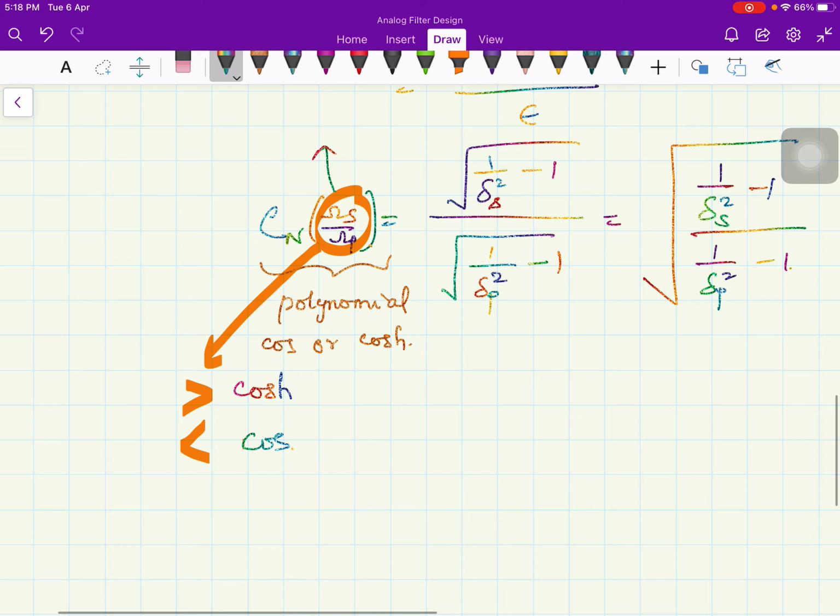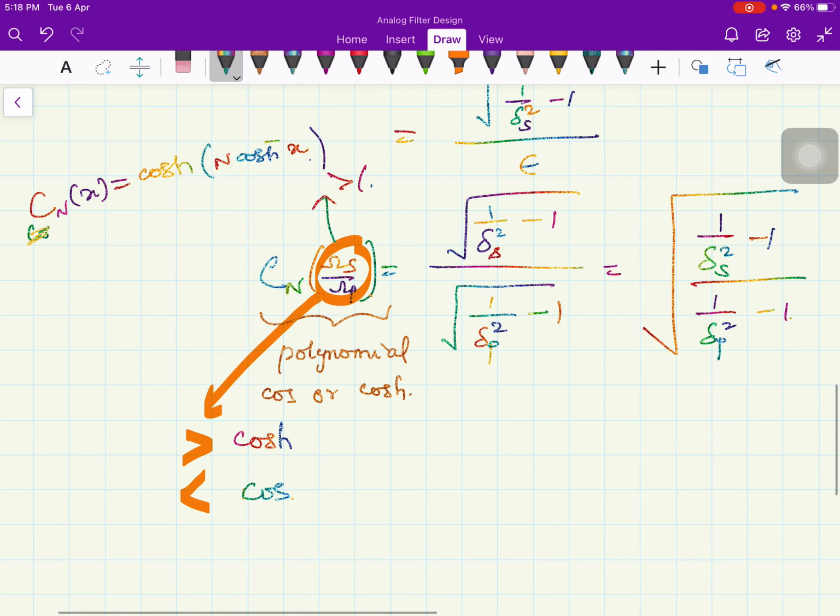So this argument is greater than 1, and you have to use cosh. We know the formula for Cn of x: Cn of x is equal to cosh of n cosh inverse of x. The same formula you can use on the left hand side.